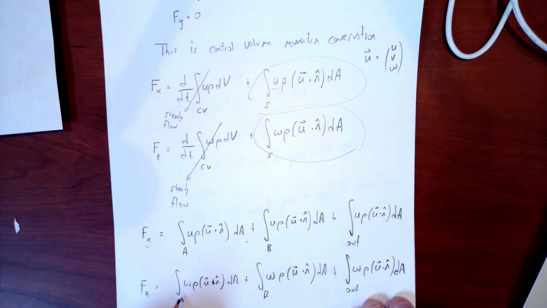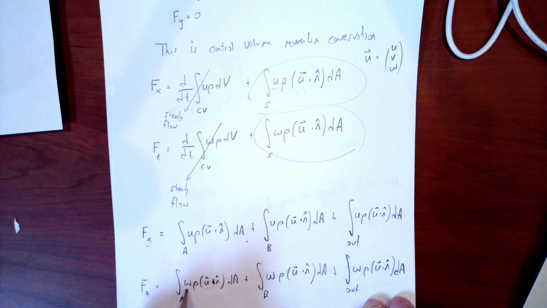For the z, we have the same thing, but now we have w here because this is the z velocity, but we still have u dot n. So this is the amount of fluid that's passing through the surface. There can be a z velocity, but the amount of fluid that passes through the surface depends on the entire u velocity, not just the z component of that.